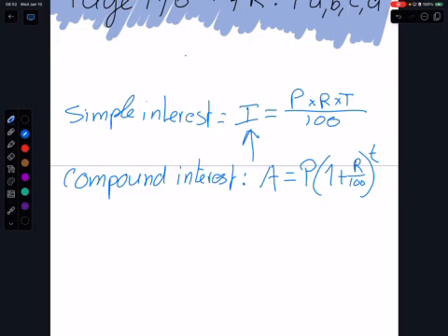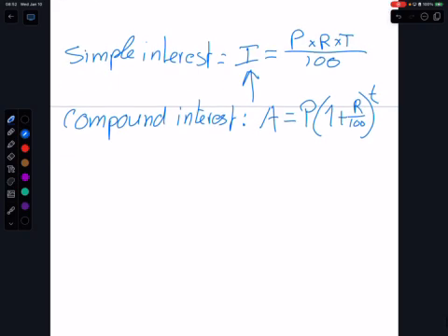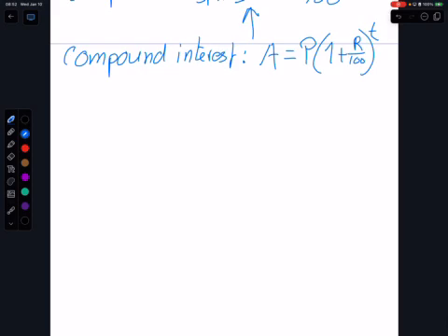For example, since you guys do not receive economics, when you buy almost anything, it depreciates. What do I mean? You buy your brand new Nike Air Max for $500.